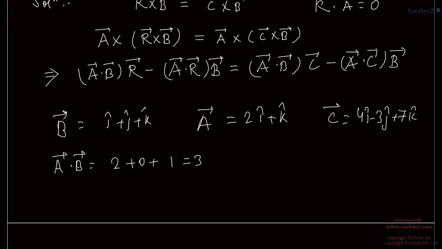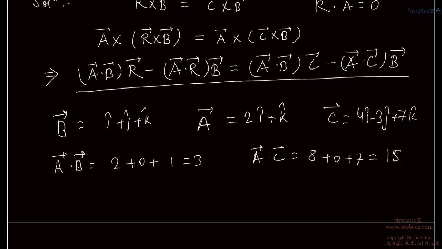And we have to find A dot C. So A dot C is 4 times 2, 8, 3 times 0, 0 and 7 times 1, 7, which is equal to 15, right? So if we substitute the values of A dot B and A dot C, in this equation we will be getting 3 times vector R minus 0 is equal to 3 times vector C minus 15 times vector B, right?